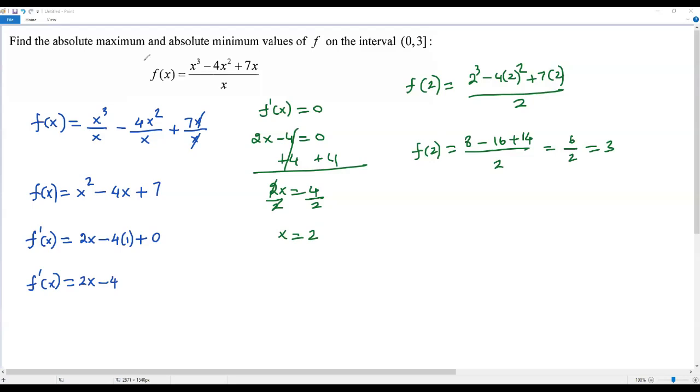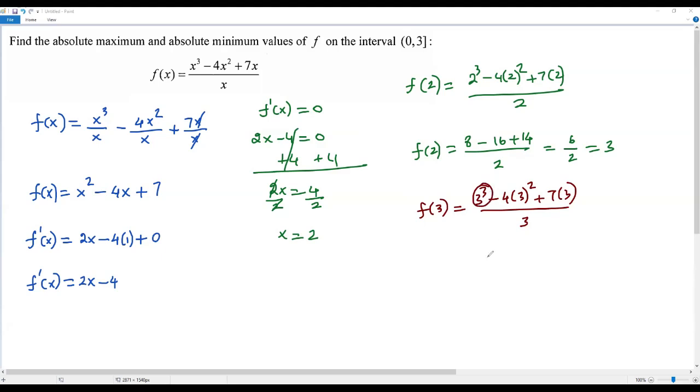Okay, now let's evaluate the given function at the right side boundary value of the given interval. We cannot consider the left side, I already explained it. Because it's an open interval, 0 is not included. Now let me evaluate the function at x equals 3. Then I'm getting 3 to the third power minus 4 times 3 squared plus 7 times 3, over 3.